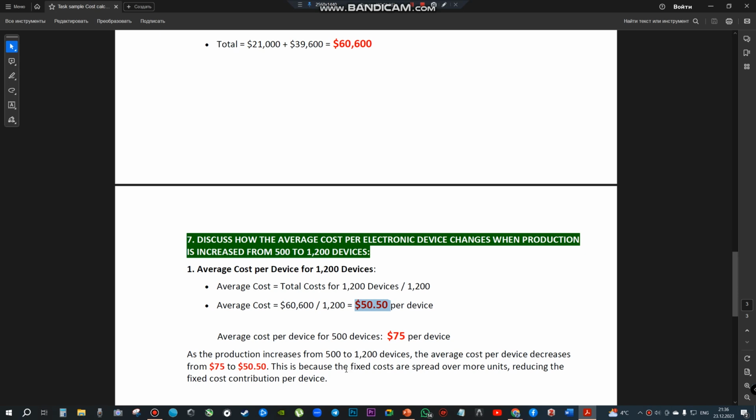The result is the following: the fixed costs are spread over more units, reducing the fixed cost contribution per device. And that's why companies are trying to spread as much of the fixed cost as possible over the output. And that's why more and more companies around the world work so hard, mostly not closing their plants even at night.